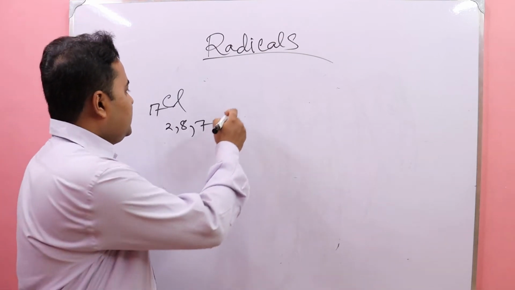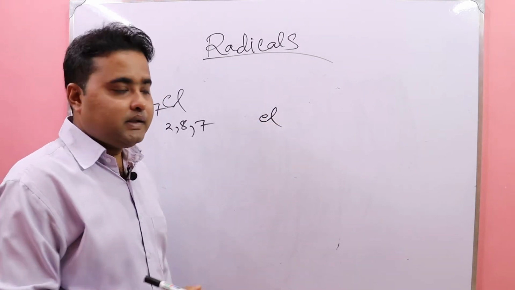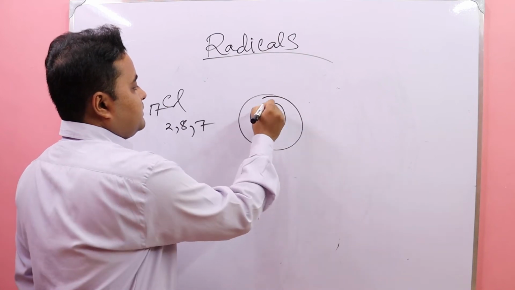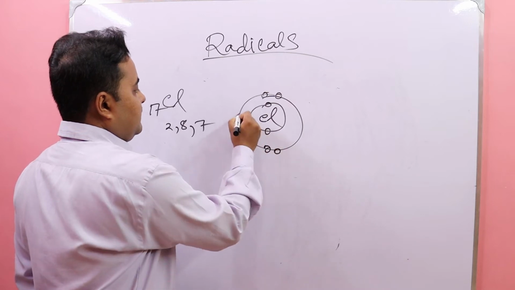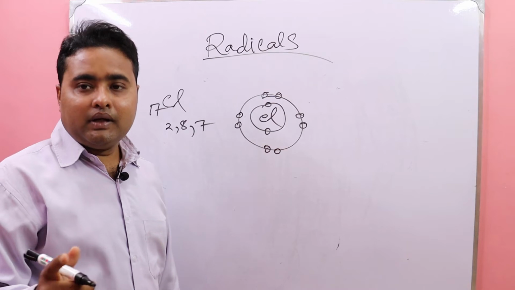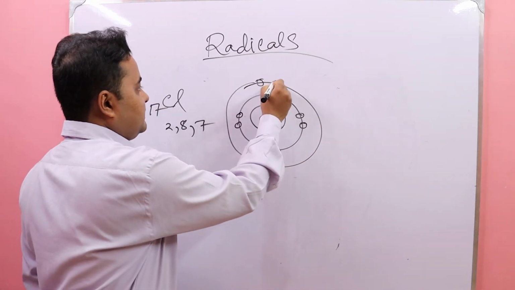That's why the chlorine atom tries to gain one electron in its outermost shell to fulfill the octet, like this.